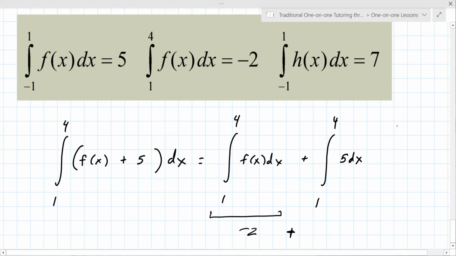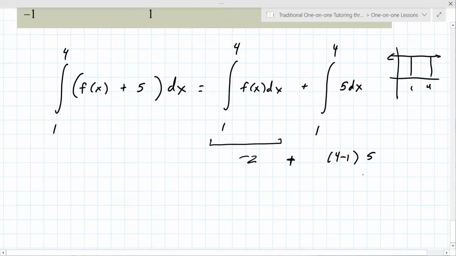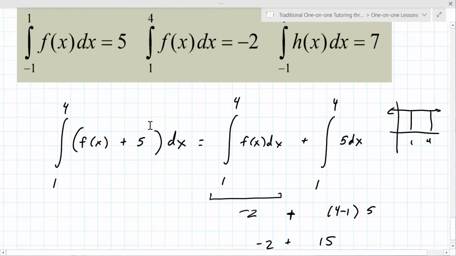Now, remember, this is a graph of y equals 5, so from 1 to 4. Oh, so 5 times 3. Yes, 5 times 3, so 15, so 13. Yes. And that's your quiz question you're going to see.